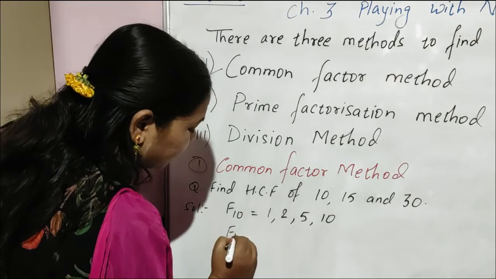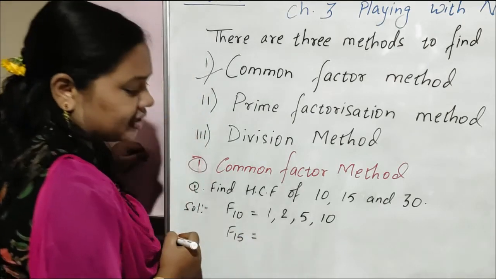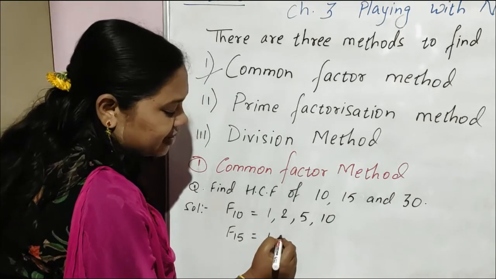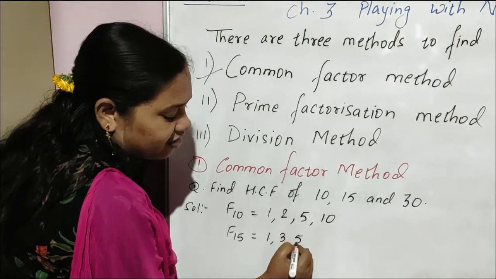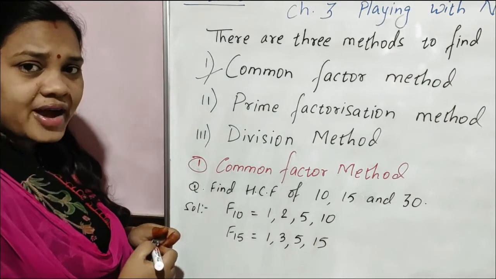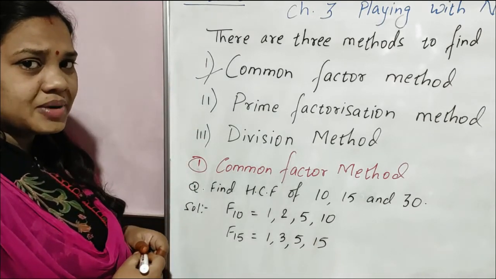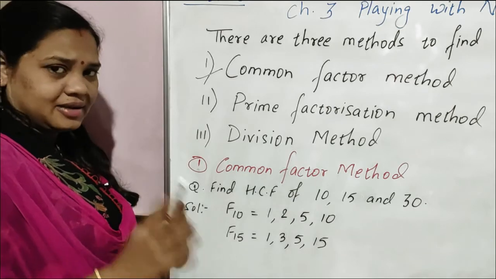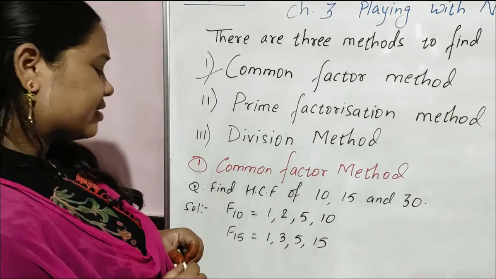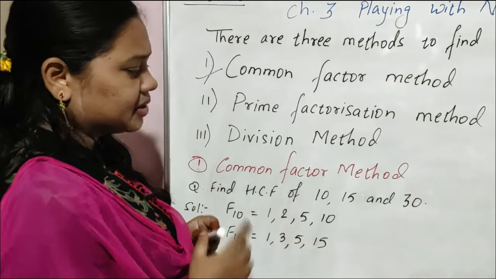Now factors of 15, f of 15. What are the factors of 15? First is 1, then 3, then 5 and then 15. Is there any more factor? No. Remember children, factors of a number are limited. We can count limited factors only for any number.